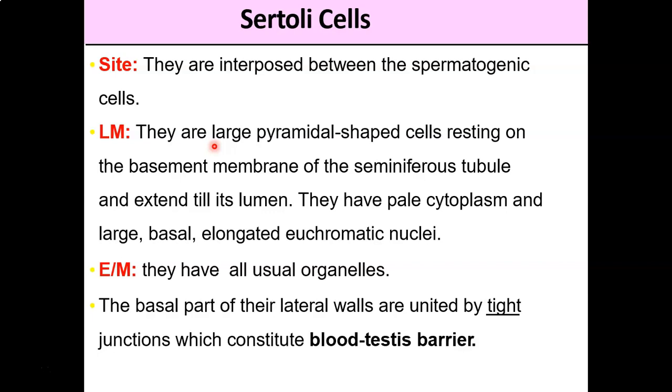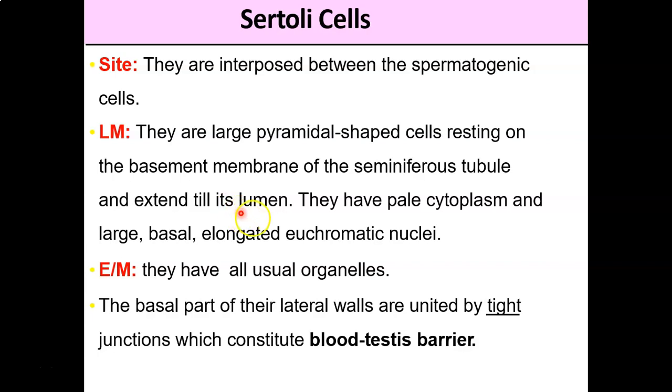Sertoli cells, in contrast to spermatogenic cells, are supporting cells. They are interposed between spermatogenic cells, and they are large pyramidal cells resting on the basement membrane of the seminiferous tubule and extending to the lumen. So they extend through the whole thickness of the spermatogenic cells.